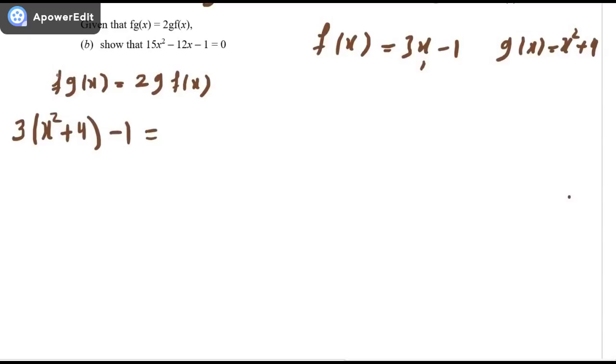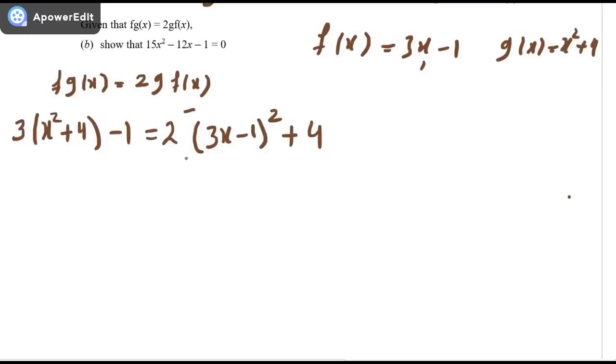So fg of x means we're going to put the value of g into the f function. So 2gf of x. Now we're going to put the value of f into the g function. So we got 2 lots of gf of x, which is going to be x squared plus 4, where x squared is going to be the value of f of x, which is 3x minus 1 squared plus 4. Hope you understand.